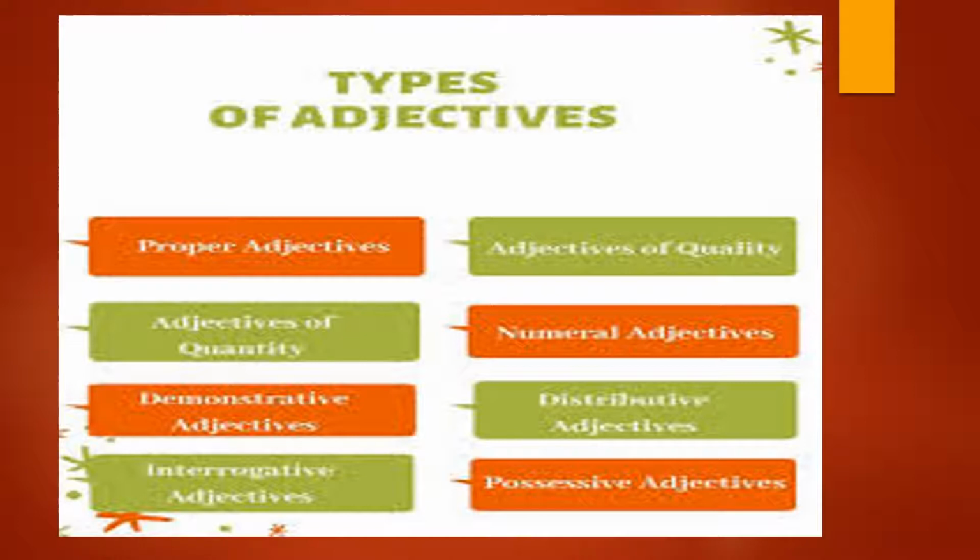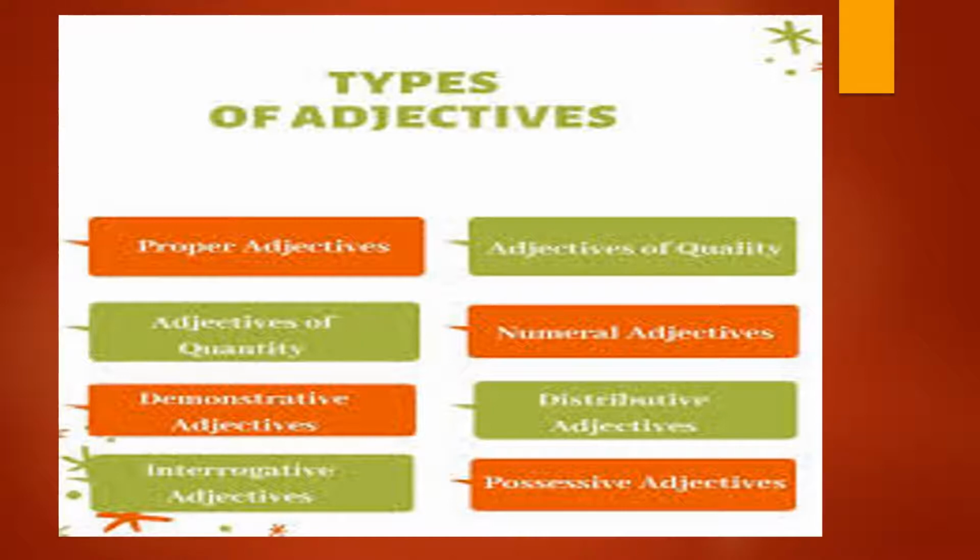So students, in this slide, we will learn more about kinds of adjectives. There are 7 types of adjectives. Adjectives may be divided into the following classes. First, adjectives of quality. Second, adjectives of quantity.